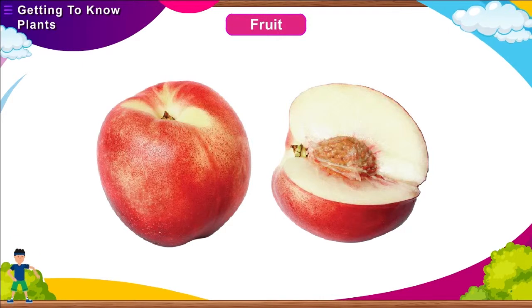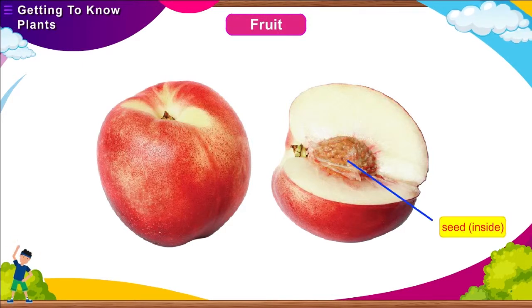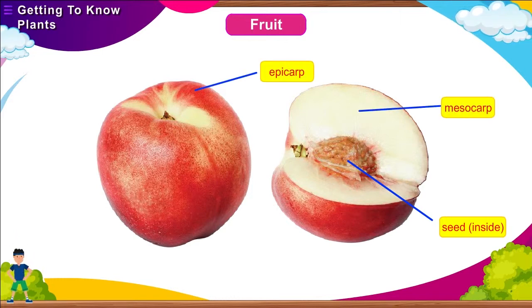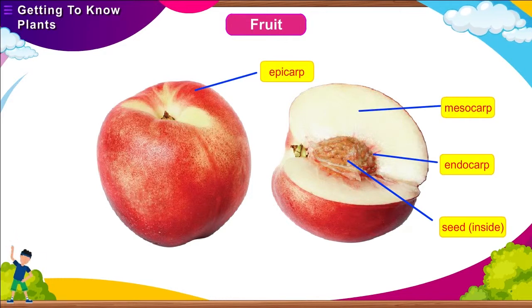Fruit. Fruit is a mature and ripened ovary containing seeds. It is juicy, pulpy, and delicious. The wall of the fruit develops into pericarp. Pericarp is made up of 3 layers, that is, epicarp, mesocarp, and endocarp.